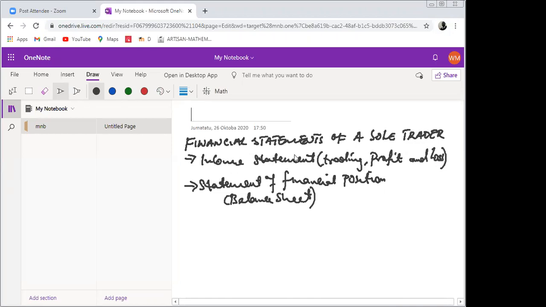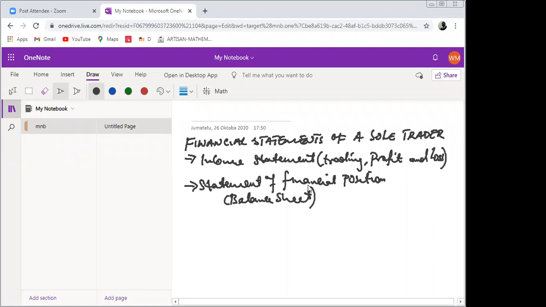Just note that the income statement is simply meant to determine the financial performance of a business in terms of profitability. The next statement, the statement of financial position, is normally prepared by the sole trader so that he can know the financial position. By financial position, we mean the total assets the business has, the total liabilities the business has, and the difference between the two should give us the capital, as we know from the bookkeeping equation.